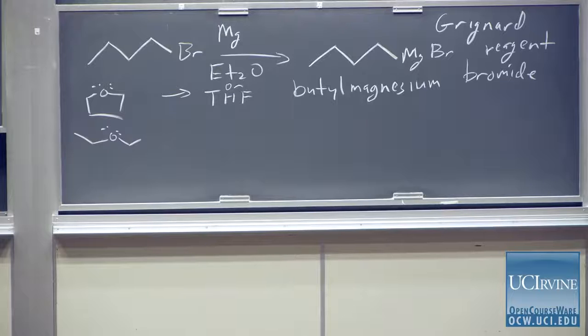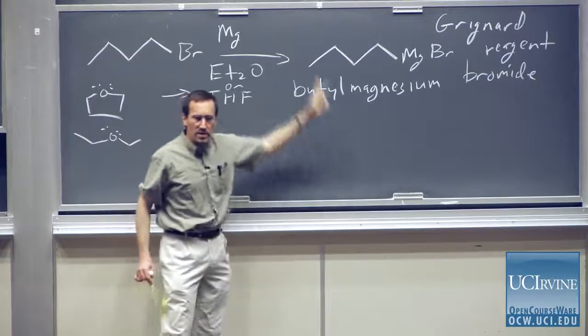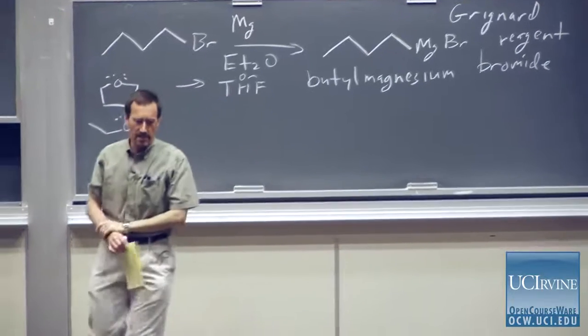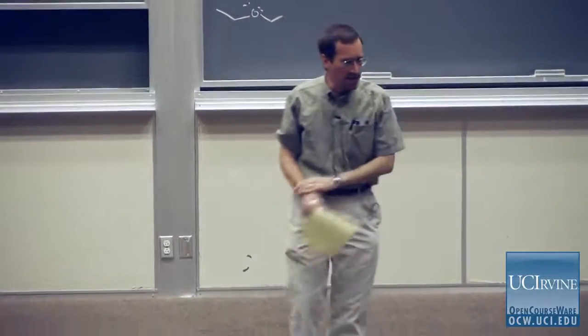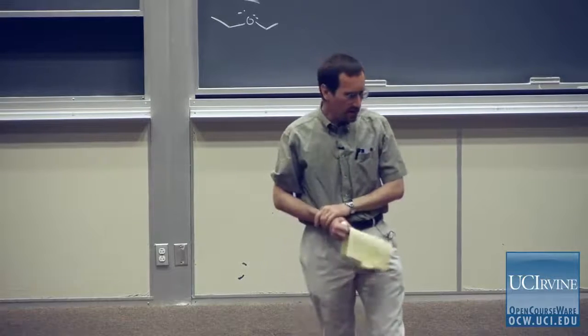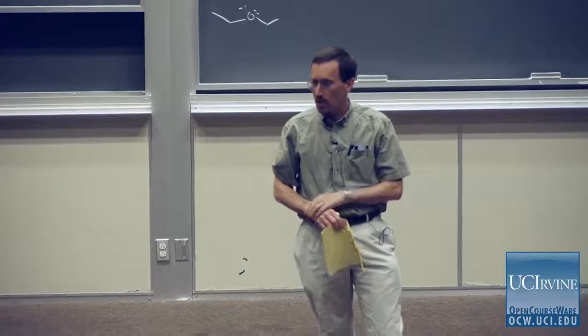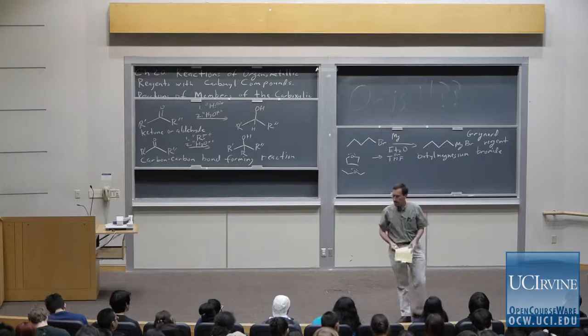Typically one makes a Grignard reagent as part of a synthetic process. They're actually stable reagents. You can put them in a bottle. You can buy them. But in the laboratory, because they react with air and because they react with moisture, you would typically go ahead and immediately add a carbonyl compound.